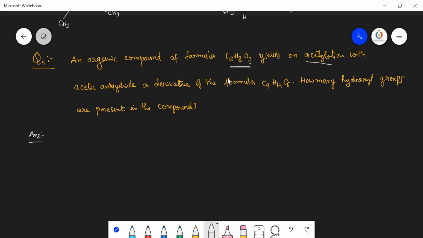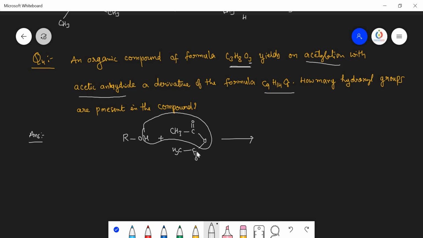So first of all, acetylation they said, and with acetic anhydride this derivative has been formed. So basically, if you see, when alcohol reacts with acetic anhydride, CH3 C double bond O, O, C double bond O CH3, there is a loss of acetic acid like this, and the C double bond O group shall be connected to this oxygen.